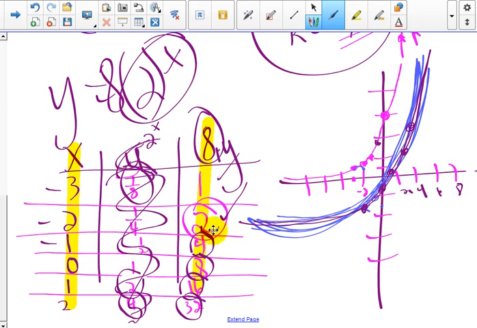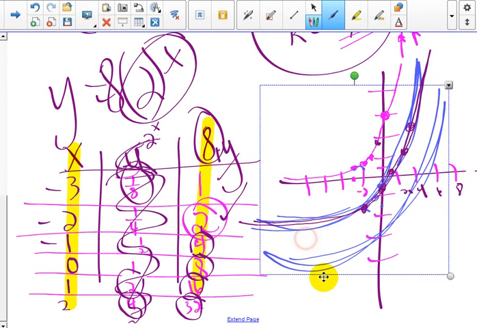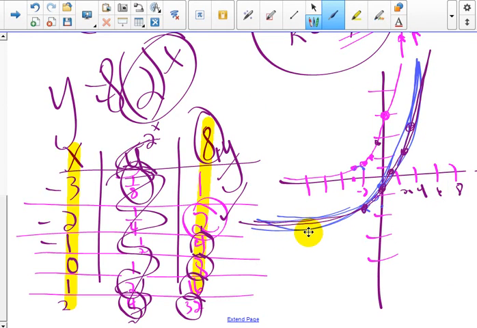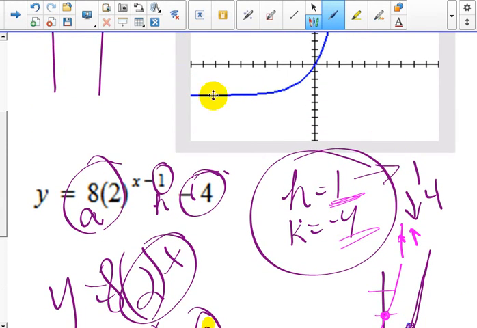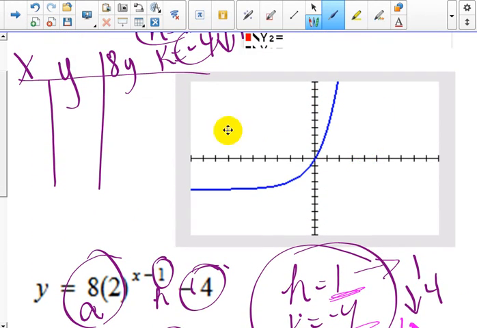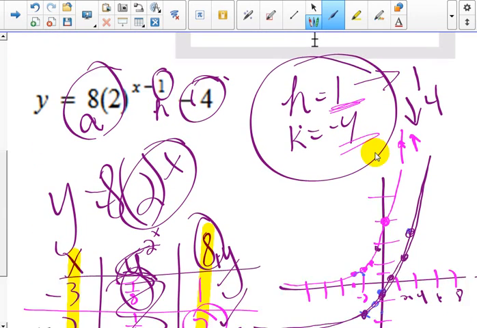Okay? There you go. All right, so there it is. Now, I freehanded this, so it's going to be off a little, but your graphs you're choosing from should be enough that you can see, oh, okay, my graph is going to look closest to that.